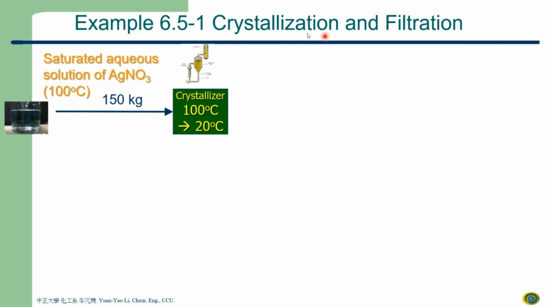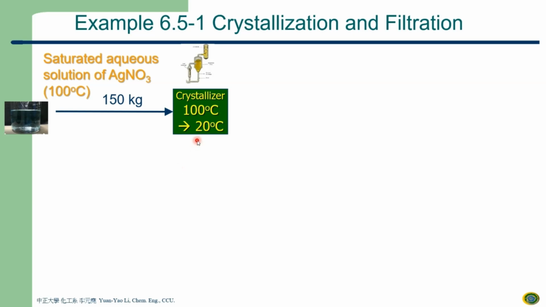Okay, so for crystallization, you decrease the temperature from 100 to 20. Of course, the solubility will decrease. If the solubility decreases, most of the silver nitrate will crystallize, and you can get crystallized silver nitrate, right?